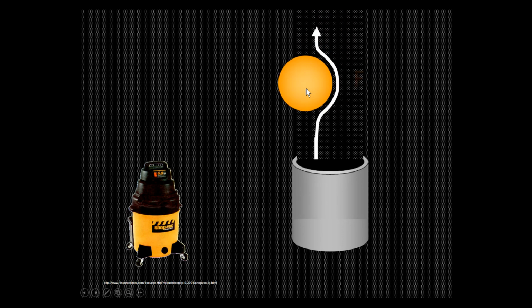And the reason is, if the ball got a little too far to the left, this side of the ball is in fairly stationary air, and the air is flowing over that side. So if it got too far to the left, there's going to be more pressure on the left, less pressure on the right, and it's going to pull it back into the stream. If it overshoots and goes off to that side, well, the same thing but opposite would happen.